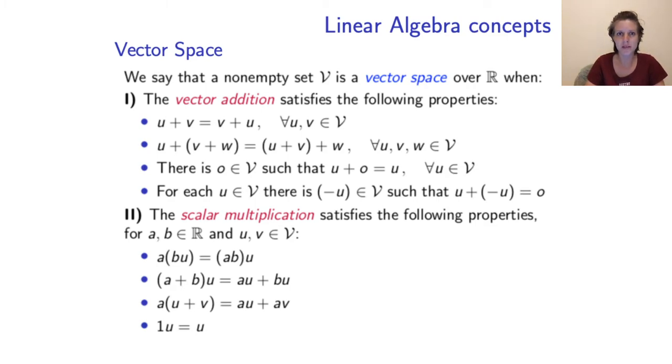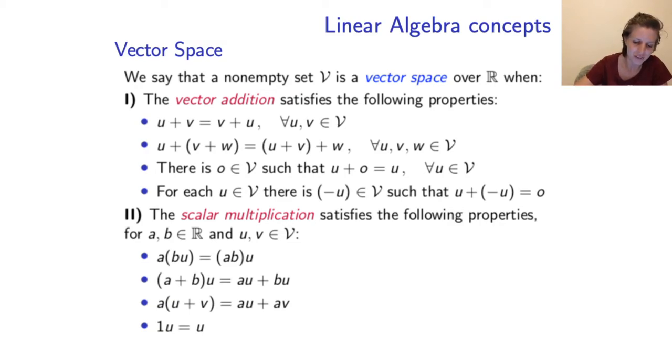A vector space over the real numbers is a non-empty set such that the vector addition satisfies these properties. Vector addition is an operation between two vectors, which are, by definition, two elements of the vector space.